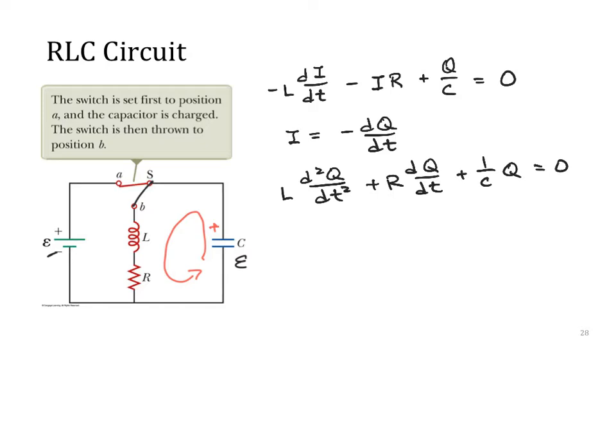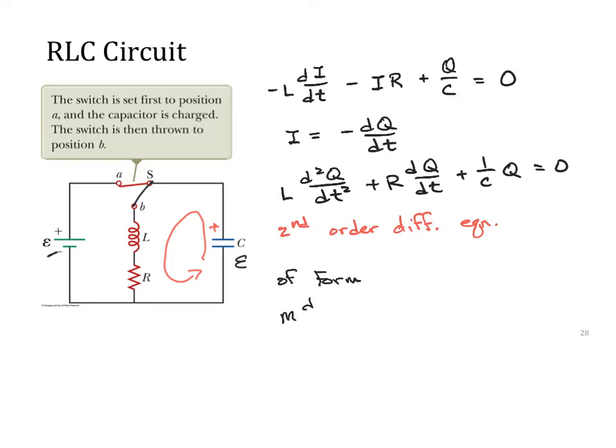So this is what's called a second order differential equation because we've got a second derivative. I do not expect you guys to have differential equations under your belt necessarily just yet, but it looks like one that maybe we saw before.